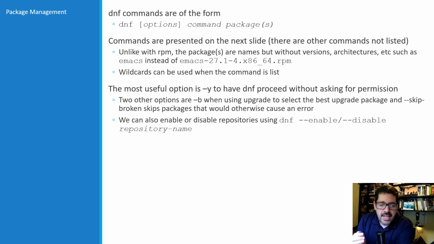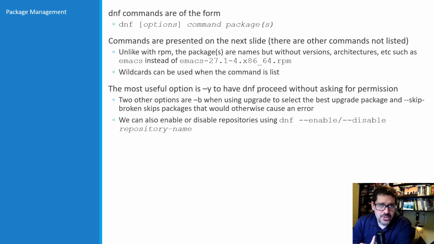With something like DNF or apt-get, you don't have to do that. You just pass it the package you're looking for. In the example you see on this slide, we have Emacs. So if you're using RPM, you have to pass Emacs, the version number, as well as the architecture that you're using, all in the name of that package, right? You have to use the right package that matches where you're trying to install it.